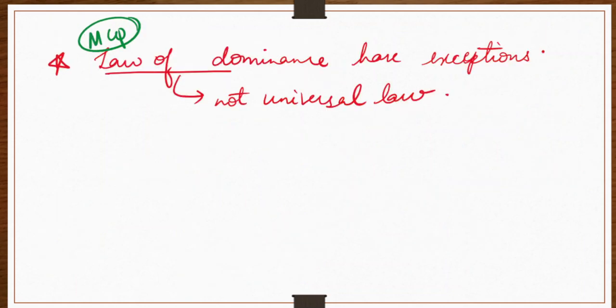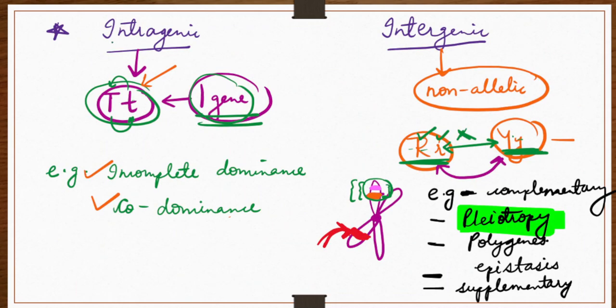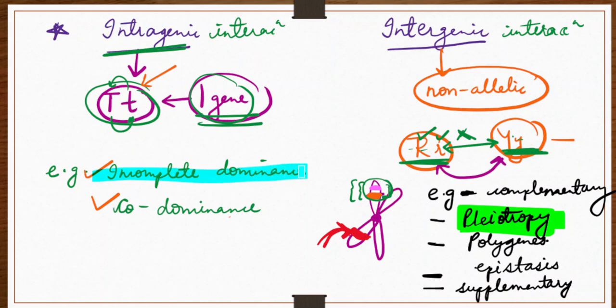You should know the examples of which is intragenic interaction and which is intergenic interaction. You should know all this. Like here, the examples: incomplete dominance is an intragenic interaction.